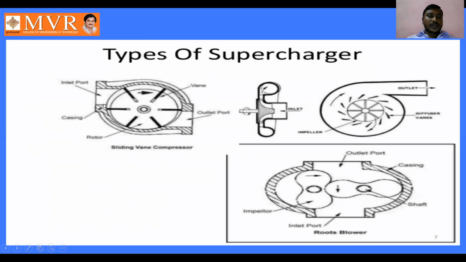The air which has entered is split into two sides and compressed between the rotor and the casing, which gives high pressure.